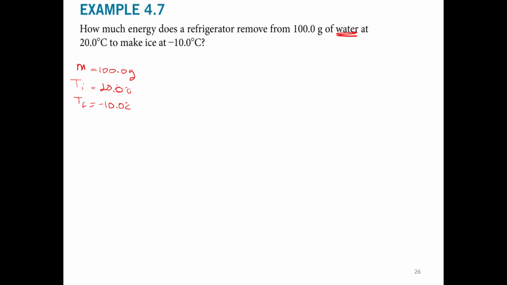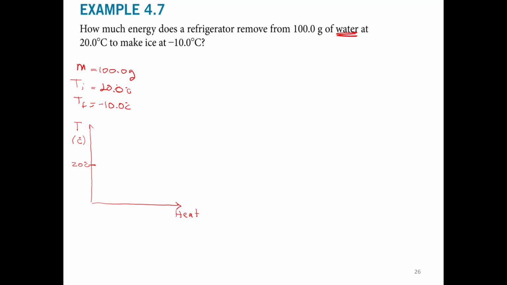And let's try to plot temperature versus heat to know what we need to calculate. Here we have the temperature, in degrees Celsius. Here we have the heat. Then let's think, here we have 20 degrees Celsius.